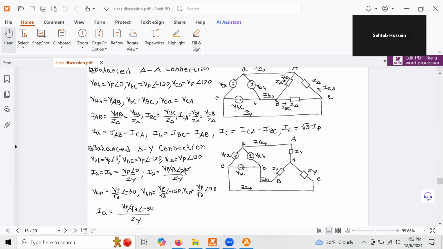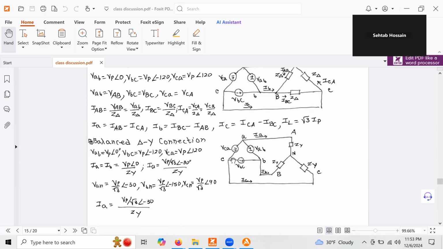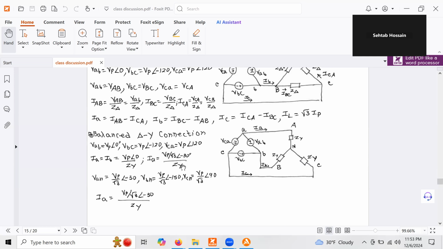So what will be the case for the delta-Y connection for a balanced network? This part is the input, this part is my output. I have the same phase current on the input side, and I have the line current just like this. So we have to convert it to the Y line current by dividing by root 3 at minus 30 phase.